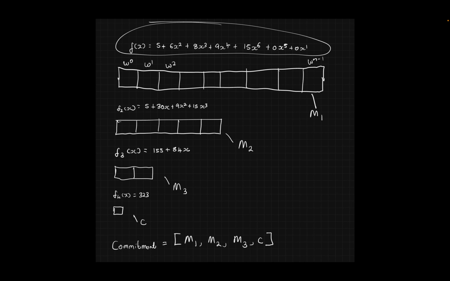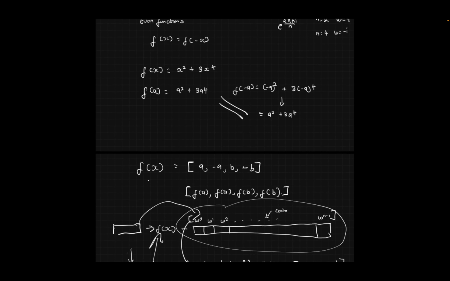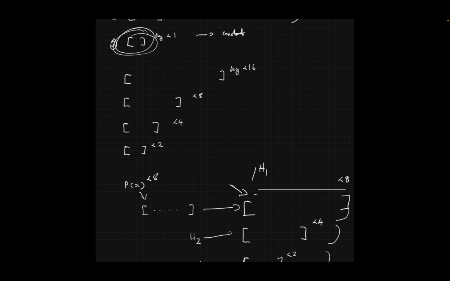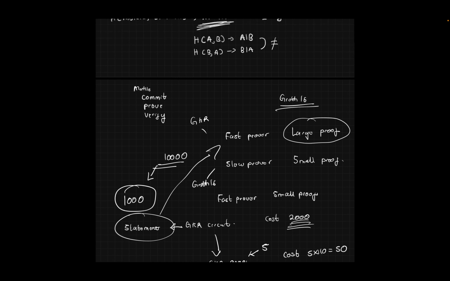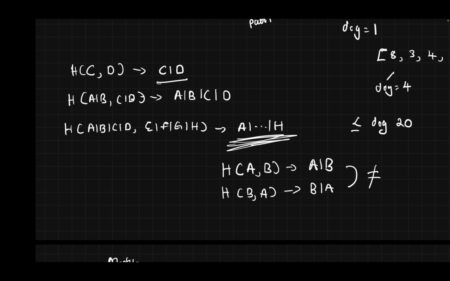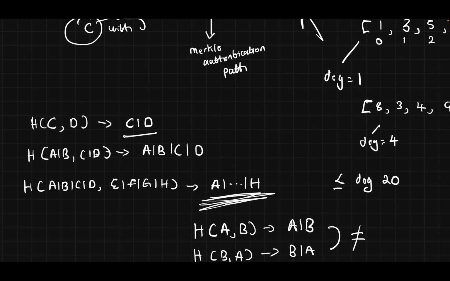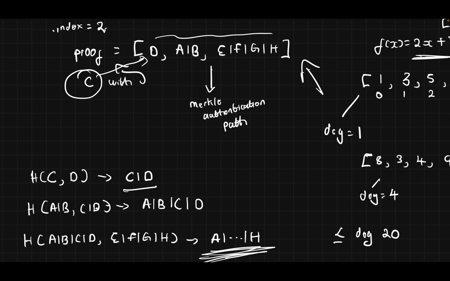For the commitment, you remember the Merkle, yeah, this one. So the proof is this, remember? And this is what you're trying to prove. So to check if it's correct, you merge this with this by hashing.